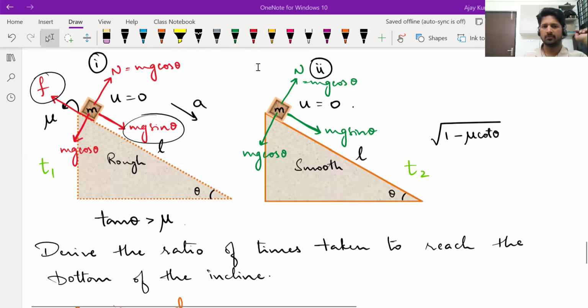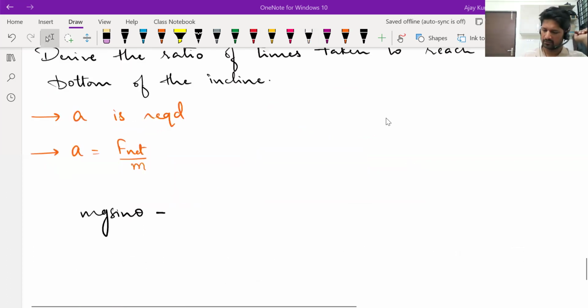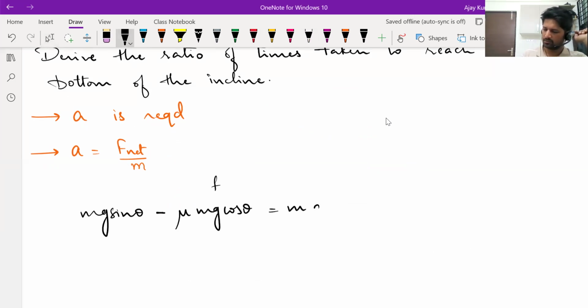What is the formula for kinetic friction? Mu into normal force, sir. Mu into normal force, which is mg cos theta in this case. So mu mg cos theta, that is the friction acting on the block, is equal to mass into acceleration of the block. Let's call it a1.